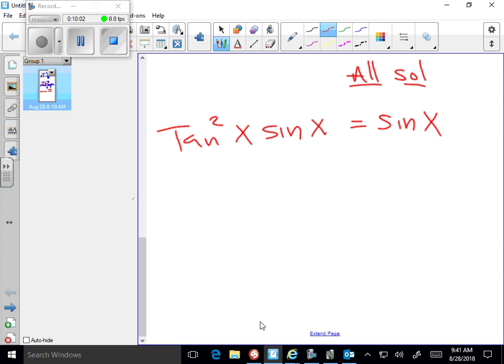Does anyone want to explain why I said don't divide by sine here? I'm sorry, I didn't hear the three of you all at once. You're going to throw away solutions if you divide by a trig function, so don't divide by a trig function.